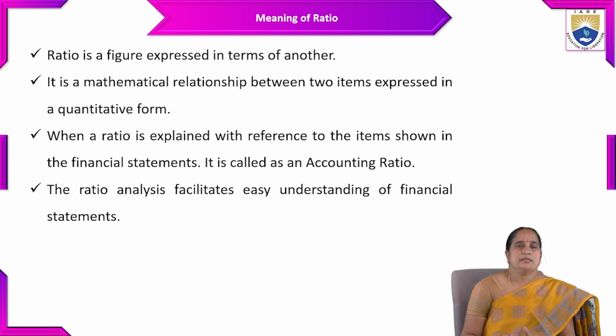The ratio analysis facilitates easy understanding of financial statements. This ratio analysis is also useful to compare various companies' financial status, and within the company, if you take different kinds of inputs like profitability, one can understand the profitability position, solvency, and liquidity position of the company.